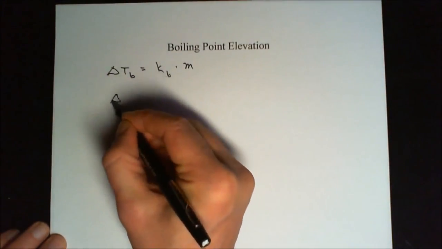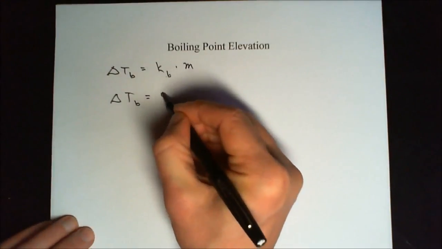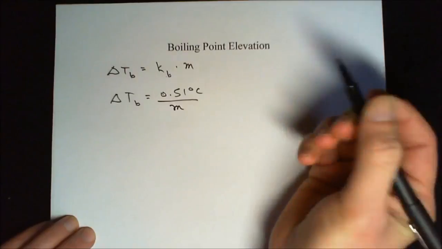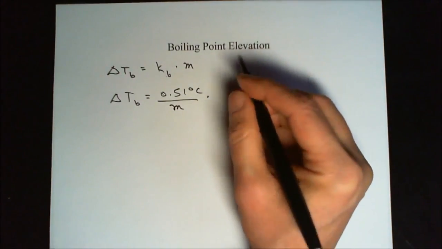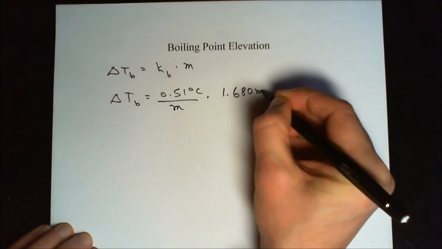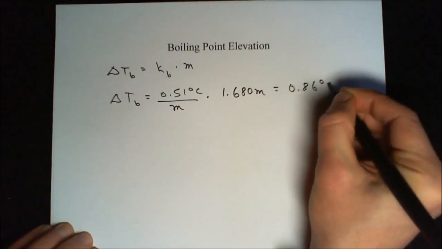So delta T for boiling point elevation is going to be 0.51 degrees Celsius per molal. We looked that up, remember? And that is times our molality, which we already calculated. And that is 0.86 degrees Celsius.